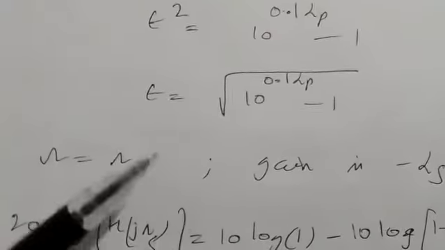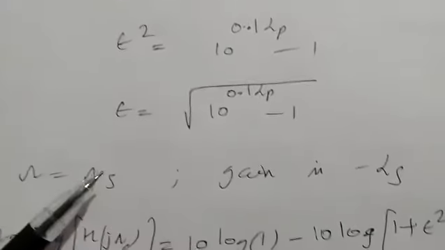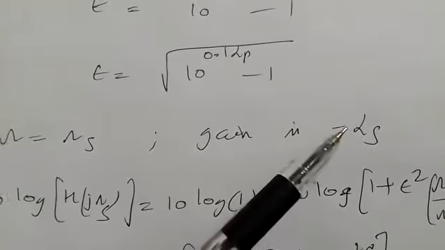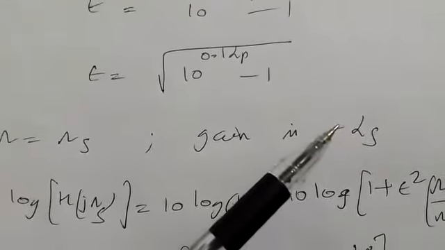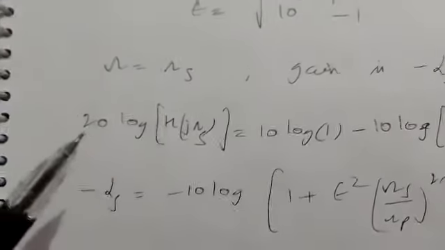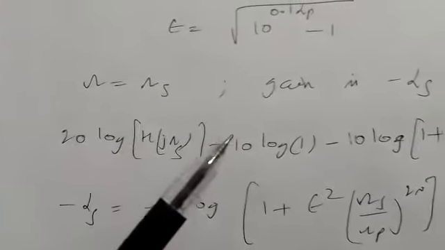In the same way we calculate for the stop band at omega is equal to omega s, the stop band frequency. Gain is minus alpha s, as we have already seen in the graphical diagram of the Butterworth. The same applies: 10 log of this is equal to minus 10 log.